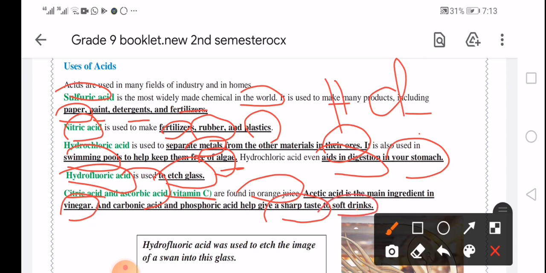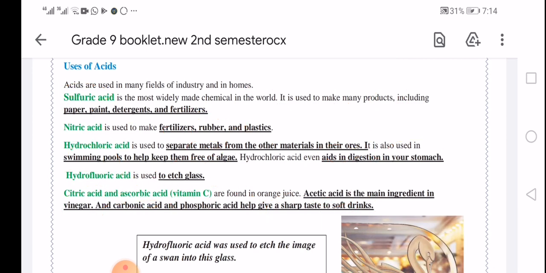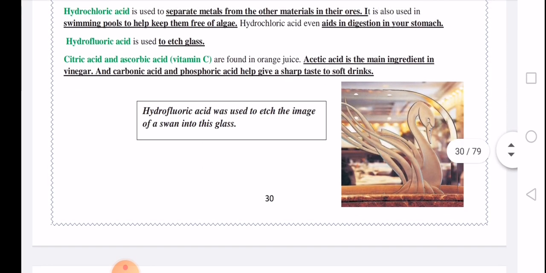So inside soft drinks like Pepsi or 7-Up, we have carbonic acid, which is an acid.